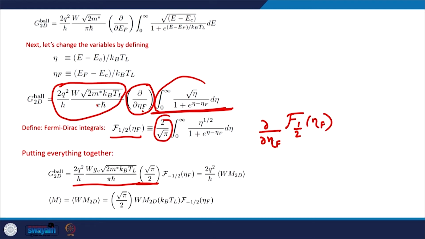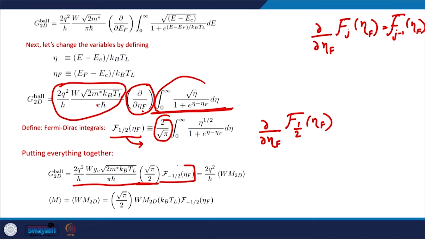As we saw, if we take a derivative of the Fermi-Dirac integral of order j with respect to eta f, then it becomes the Fermi-Dirac integral of order j minus 1. So the order is reduced by 1. So ultimately this becomes the Fermi-Dirac integral of order minus half.